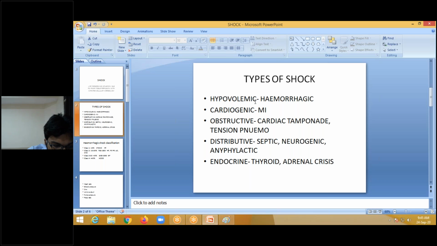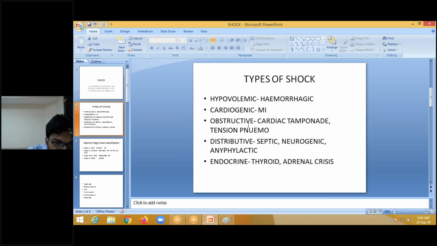Cardiogenic shock is due to cardiac pump failure related to the loss of myocardial contractility. These are simple words you can understand. Due to decreased volume, there will be decreased circulatory blood volume. So that is hypovolemic shock, and cardiogenic is due to cardiac pump failure, so cardiac output will decrease.